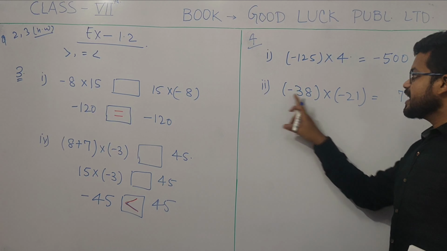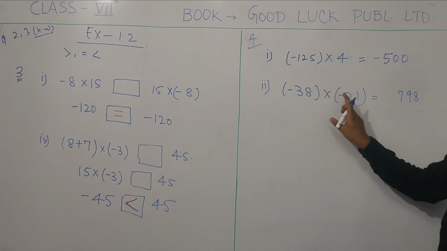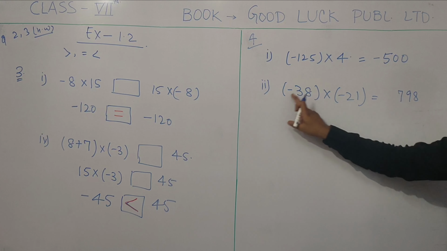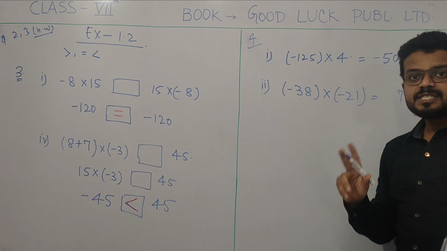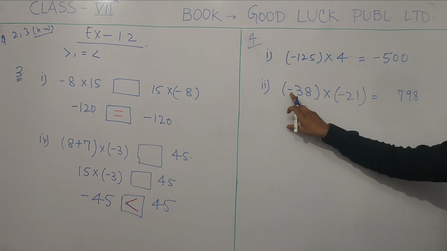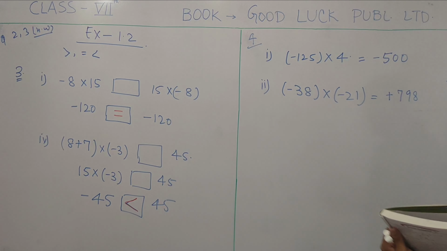Now here this is minus and this is minus. Even number of times this minus is repeated. So in case of even, the product is positive, or we can say that minus minus plus. So I put here plus 798.